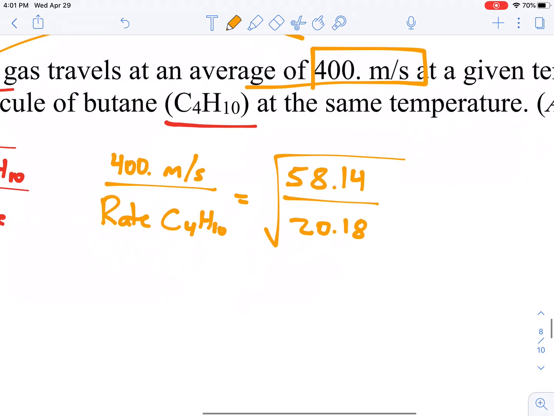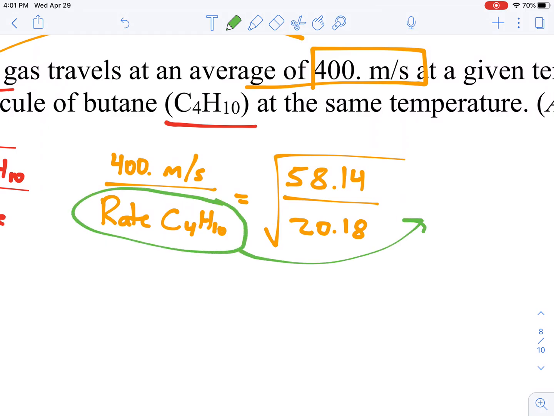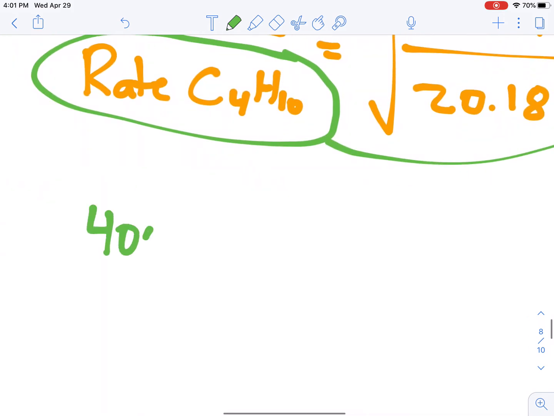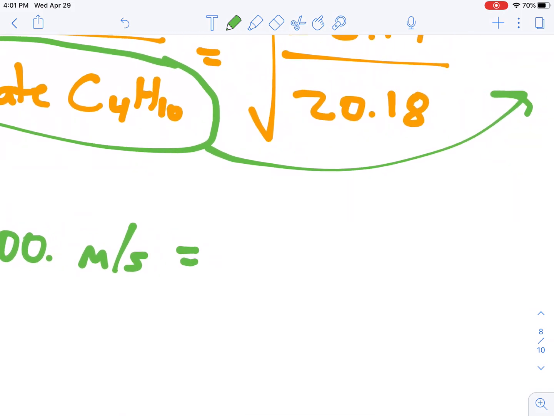So let's do some math here. Let's do the math in the square root, and at the same time, let's multiply this rate C4H10 to the right-hand side. Let's get it up into the numerator. So when we do that, we'll be left with 400 meters per second, that was the rate of neon, is equal to the math inside of the square root, which turns out to be 1.70 when you do the division and take the square root.